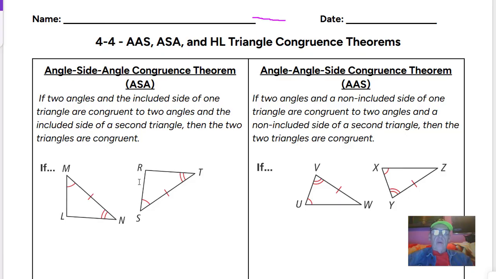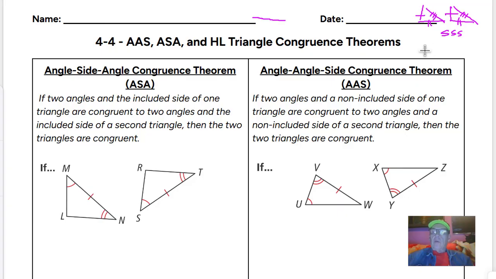The angle, side, angle congruence theorem, well, let's review for a second here. So far, we've talked about side congruence. If three sides are congruent between two triangles, then all the 6 parts of those triangles are congruent, which means all the angles are congruent.